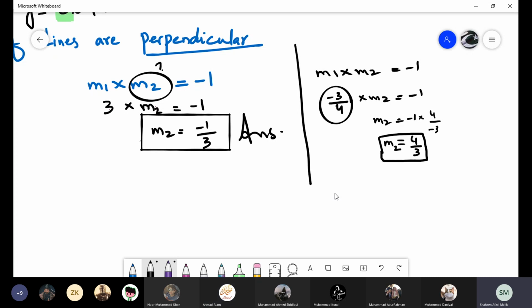This is exercise 6D. Let me check the answer at the back of the book. Okay, ma'am. Exercise 6D. Ma'am, the answer is 4 over 3. The answer is the same, x is missing with that. The answer is correct.